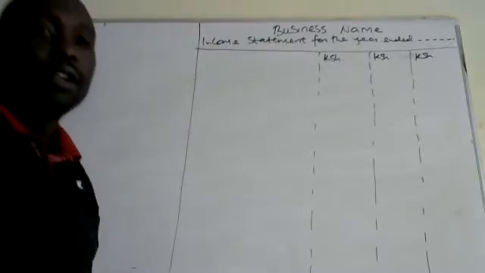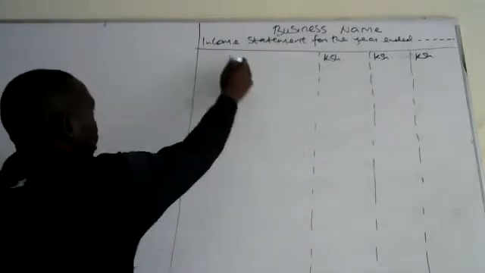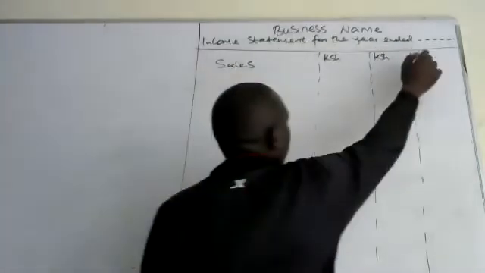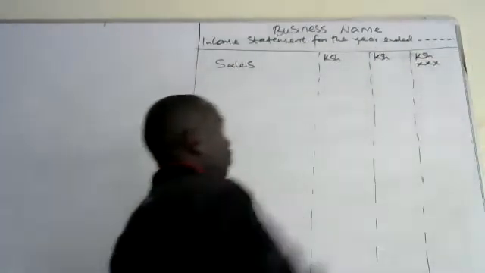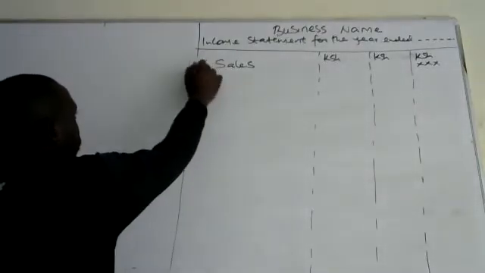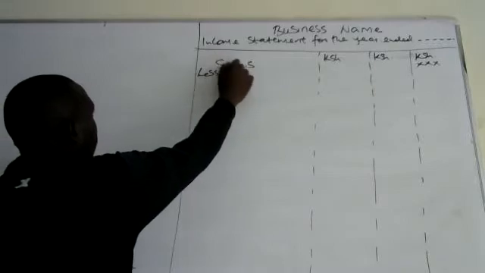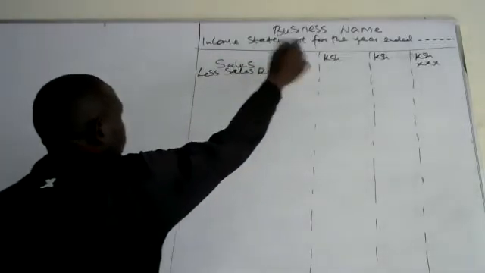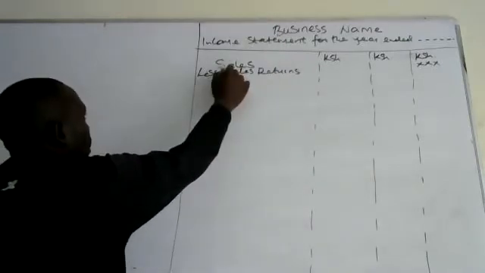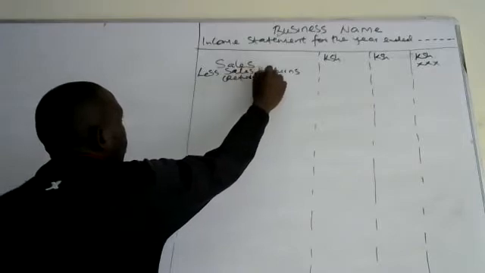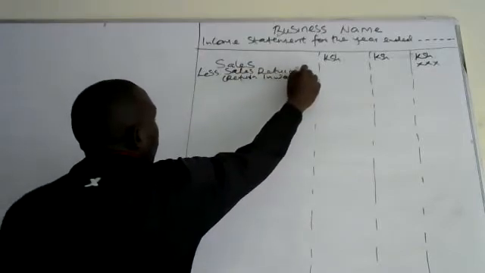Then this is how it flows. We normally start with the sales. Sales, put it on the farmost column. Then from the sales, you less sales returns. Remember, sales returns is the same as return inwards.